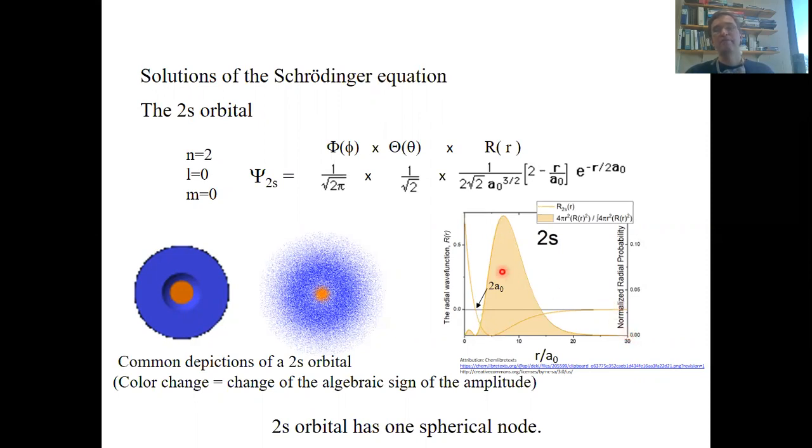And generally, the probability to find the electron is higher further away from the nucleus as compared to the 1s orbital. That means that when we depict the 2s orbital as a sphere, that 2s orbital has a larger radius in comparison to the 1s orbital.